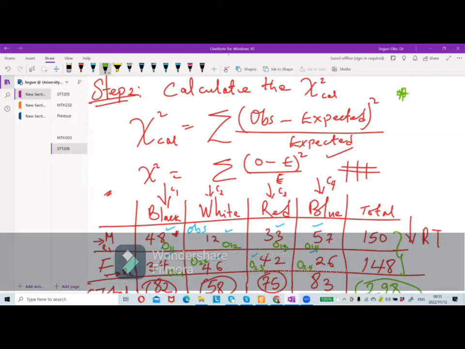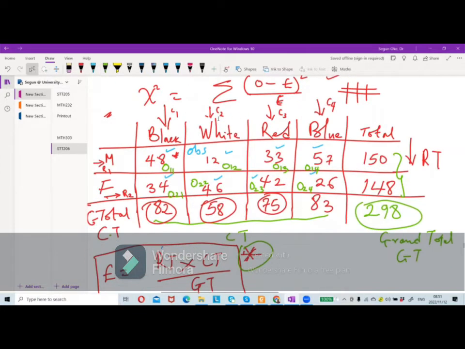Don't square the denominator here. Leave it the way it is. Now, we all know the way we have this from the onset. So we have observation O11, observation O12, observation O13, observation O14.